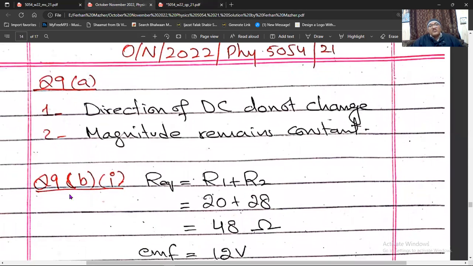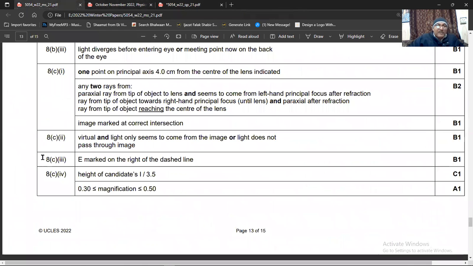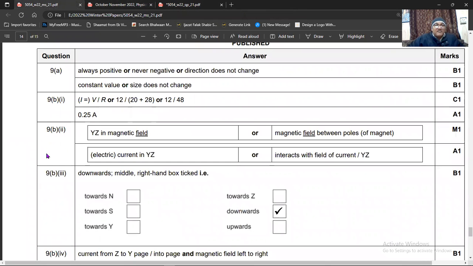Direction of the DC does not change, but the direction of the AC EMF periodically changes. And magnitude of the DC remains constant, and the magnitude of the alternating EMF periodically changes. That is my answer.